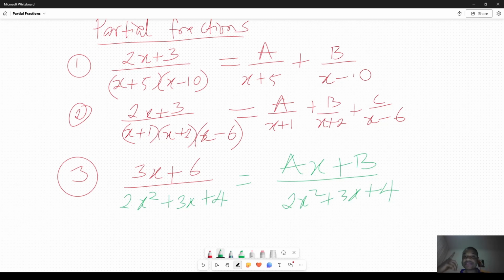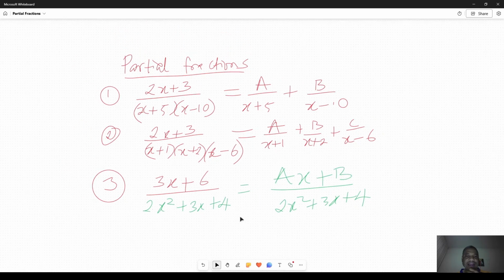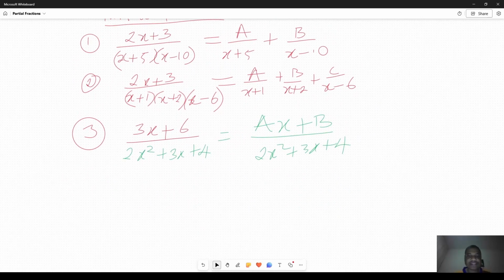Now there is a caveat here. There is a problem here. Imagine now I have something like this. Let's say the reverse be the case. Let me just change what's down.